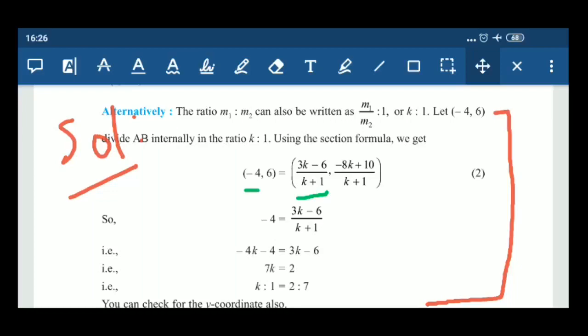Then you can compare -4 with (3k - 6)/(k + 1) because both are x coordinates, and after comparing, do cross multiplication. After cross multiplication, do the simplification and you will get the value of k, which is 2:7, which is the required answer.